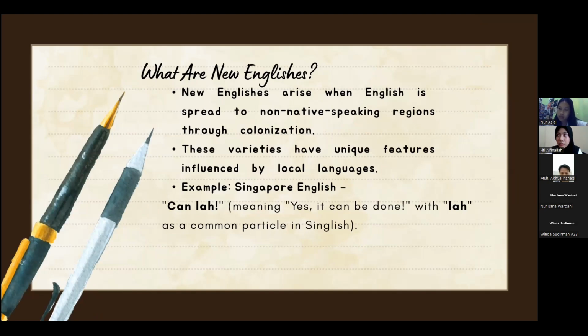For example, in Singapore, people might say "can lah," which means yes, it can be done. This is because in Singapore there is a mixing of cultures with Malay, Tamil, and Chinese. So these cultures mixed and gave birth to a new language called New Englishes.